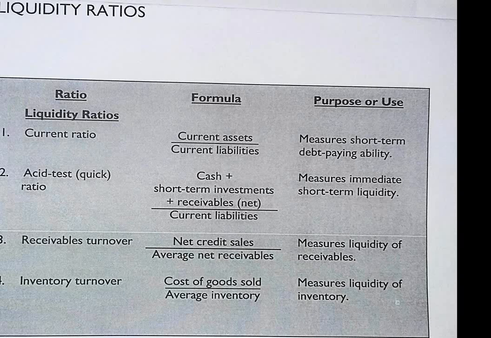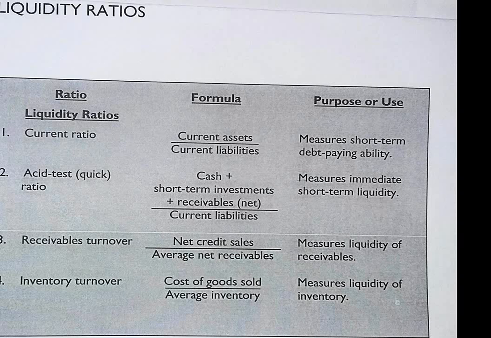So we use net credit sales over average net receivables. I explained net receivables and average before. It means receivables at the beginning of the period plus receivables at the end of the period, over 2.